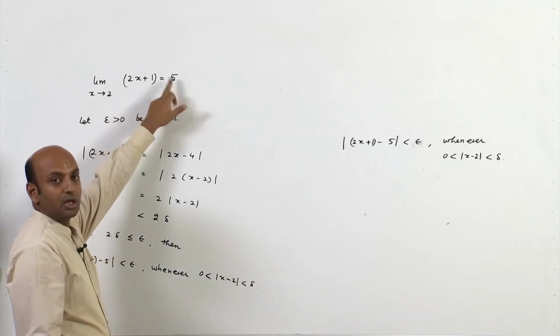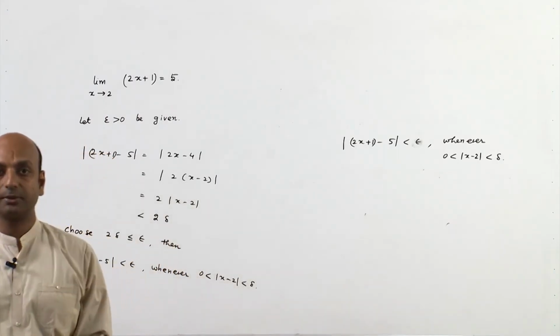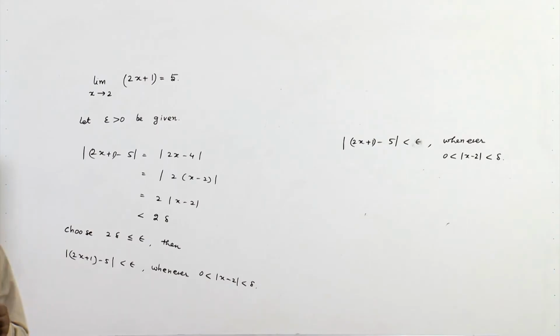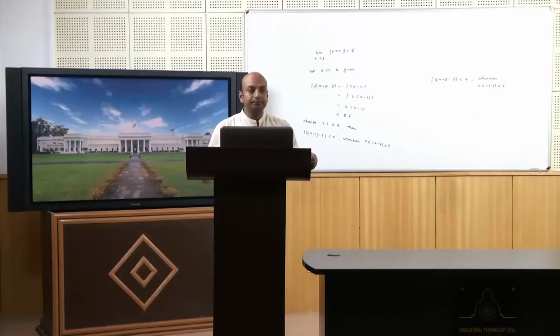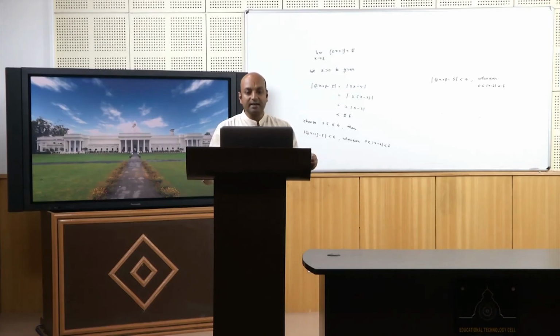So, this is how, using the delta-epsilon definition, we can show the existence of a limit of a function. Now, the same concept we extend for 2 variable functions. How can we do that? Let us see. For 2 variable functions, we say that f approaches the limit L as (x, y) approaches (x naught, y naught) if the values of f(x, y) lie arbitrarily close to a fixed real number L for every (x, y) that is sufficiently close to (x naught, y naught).